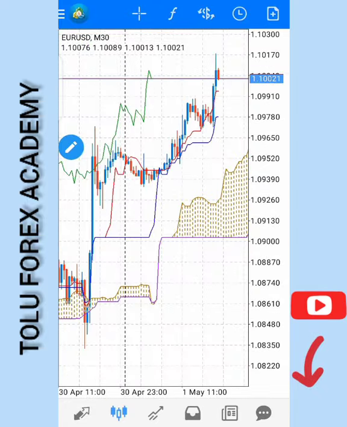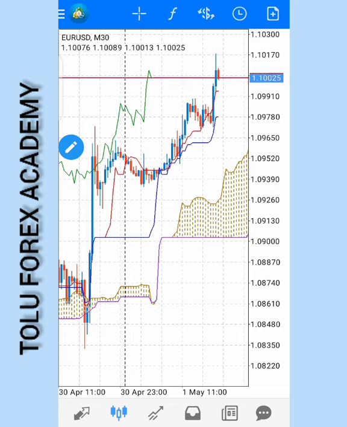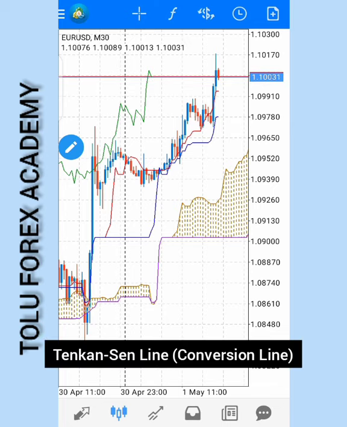Let's talk about all these different lines that have just been added to our chart, so that we familiarize ourselves with them. The first one I want to talk about is the Tenkan-sen line, also known as the conversion line.